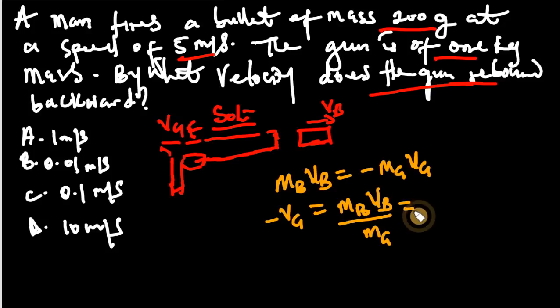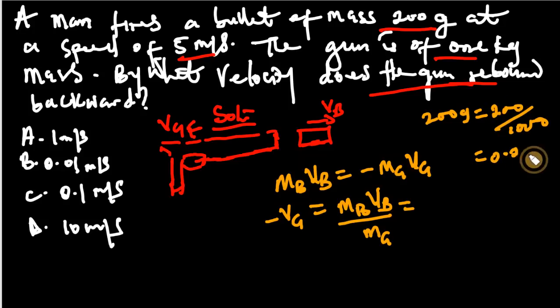mb is given as 200 gram, so we convert it to the SI unit. This becomes 200 upon 1000, which is 0.2 kilogram. Kilogram is the SI unit of mass.